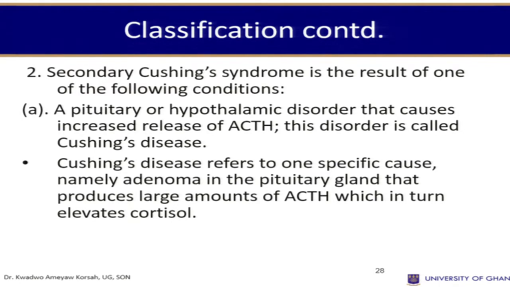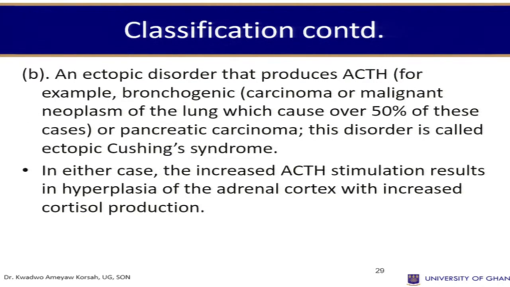Cushing's disease refers to one specific cause, namely an adenoma in the pituitary gland that may produce large amounts of ACTH, which in turn elevates blood cortisol levels. We also have an ectopic disorder that produces ACTH, for example, bronchogenic carcinoma or malignant neoplasm of the lungs, which causes over 50% of these cases.